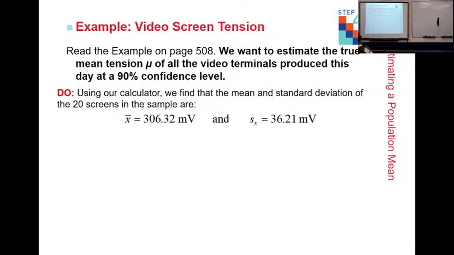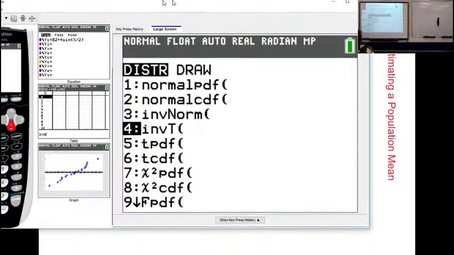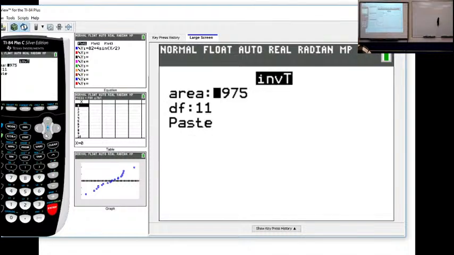So let's start with area. What is the area we need to the left for the t-score? It is 0.95. So inverse t, our area to the left is 0.95: the 90% in the middle for the 90% confidence interval, and then 5% for the tail.